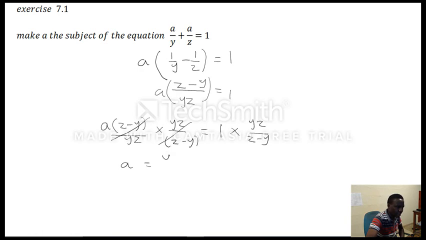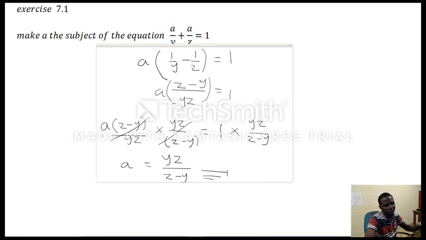So we have it at YZ over Z minus Y as our answer. So this is what you have when you are asked to make A the subject of the formula.